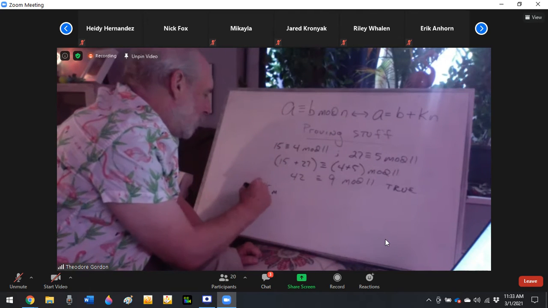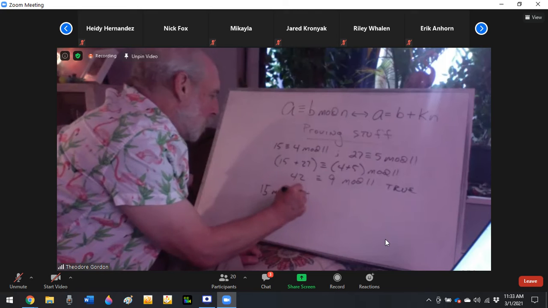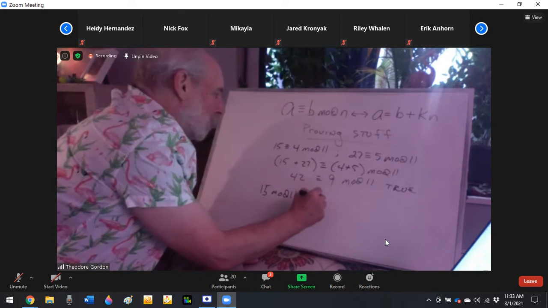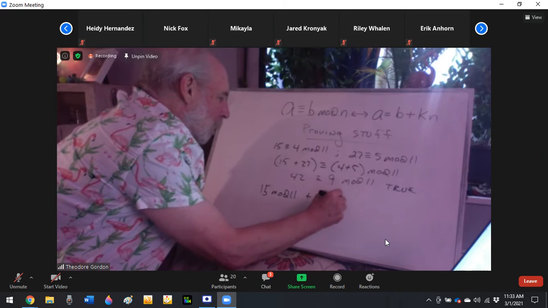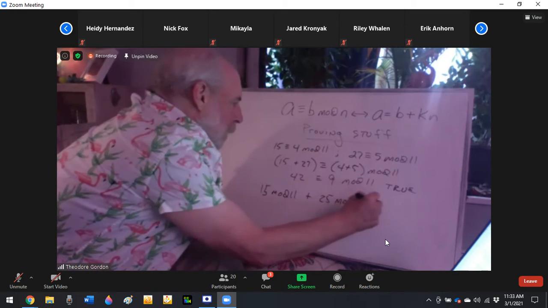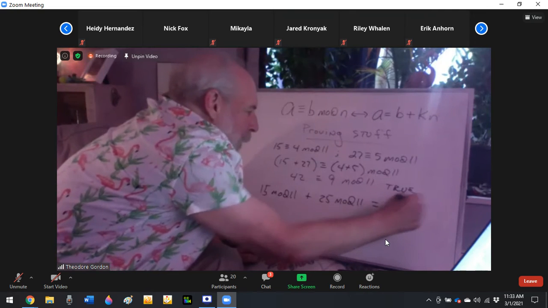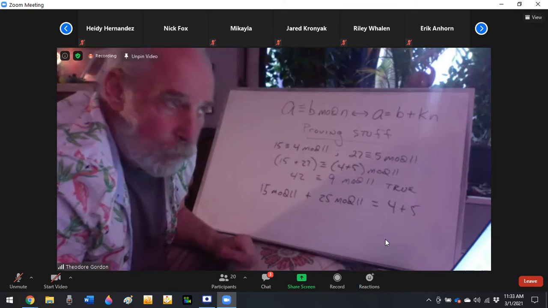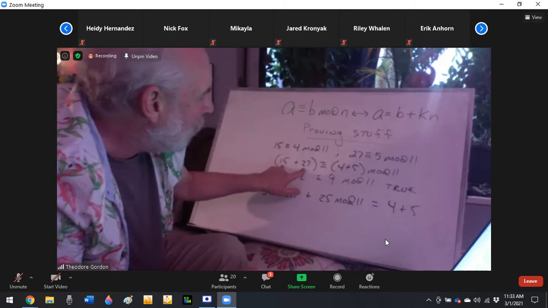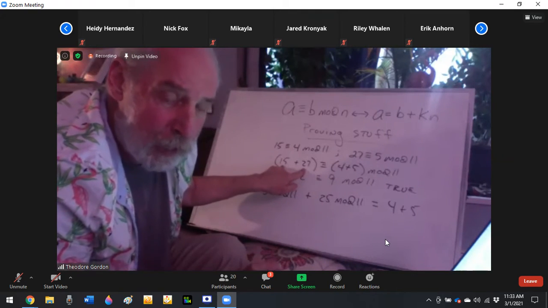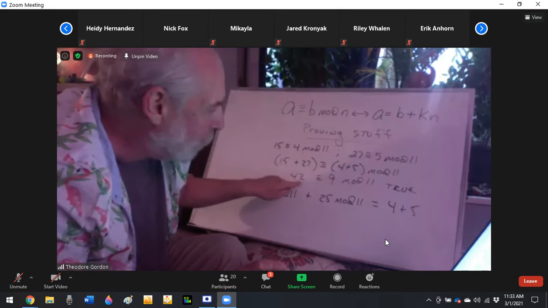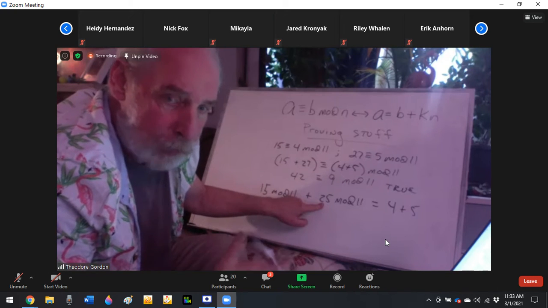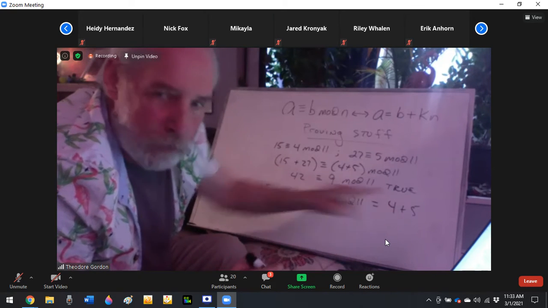Or what we see is 15 mod 11 plus 27 mod 11 is equal to 4 plus 5. So the reason for this is instead of adding two big numbers together first and then reducing mod 11, you can reduce them each separately to begin with and then add the answers together.